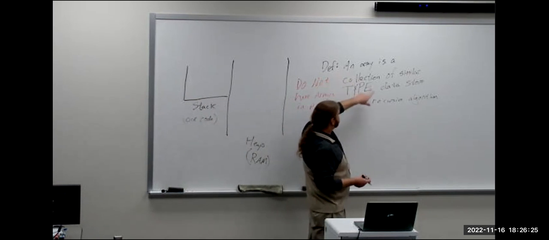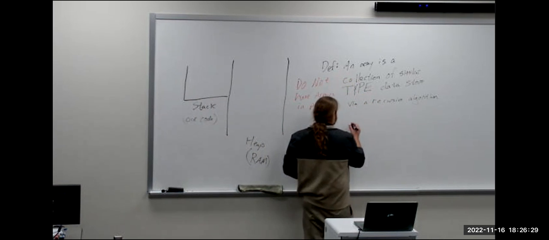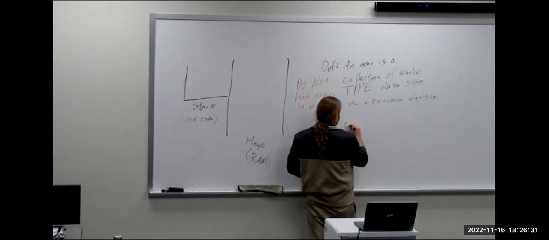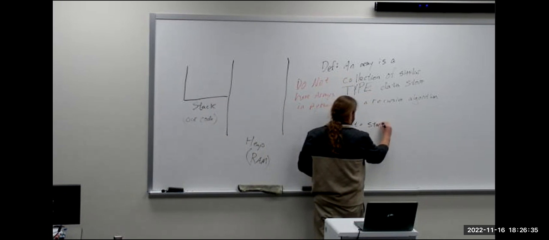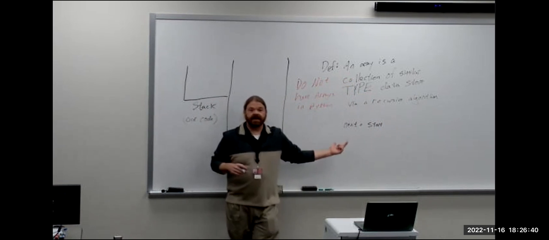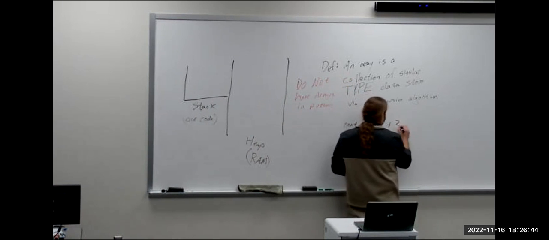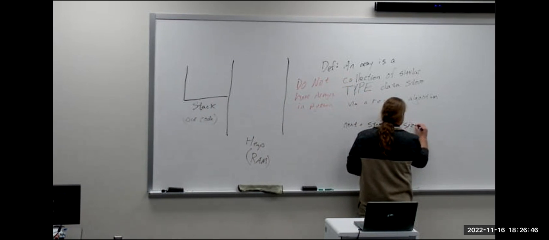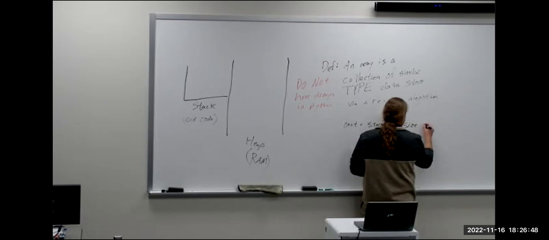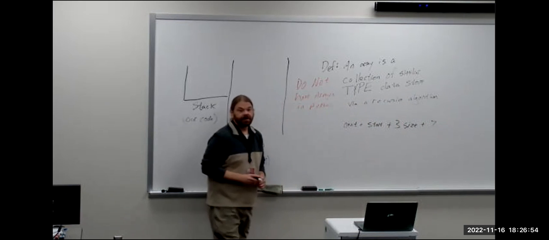So what it is, similar data stored with a recursive algorithm. So let's make up an algorithm. Next is our start, the starting point where we started storing that, plus 3 times our size plus 7. Just making up a math formula there.